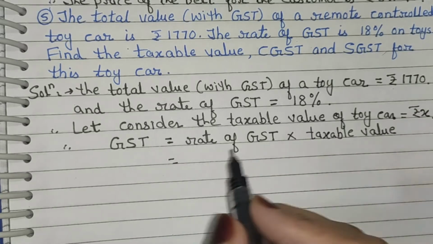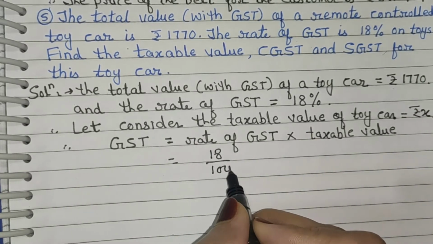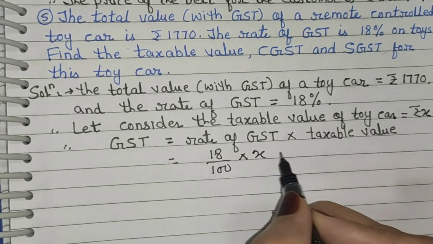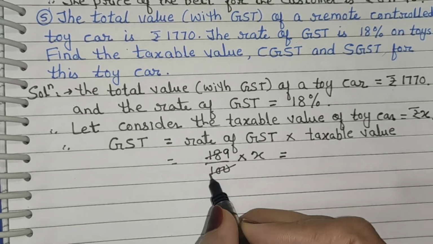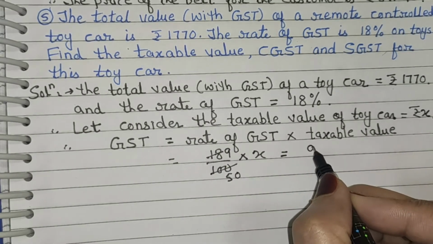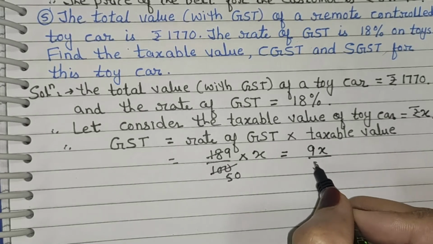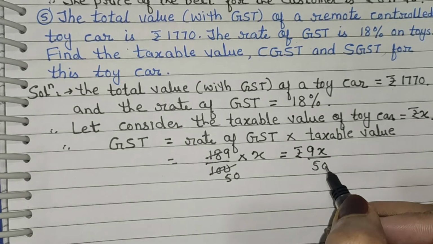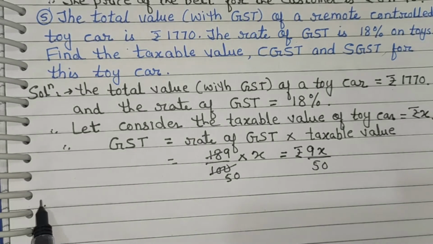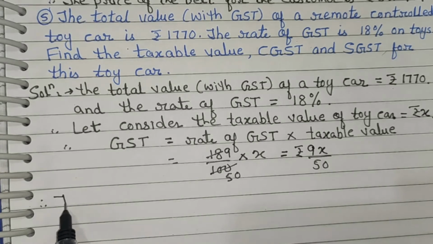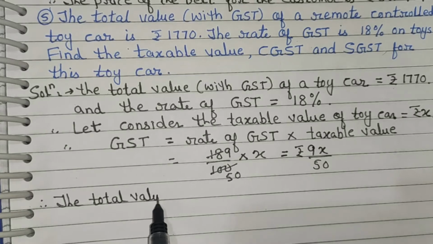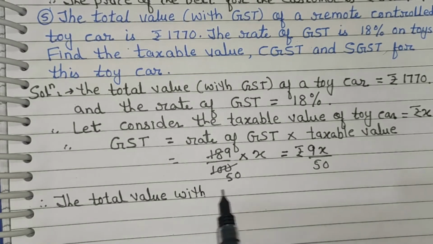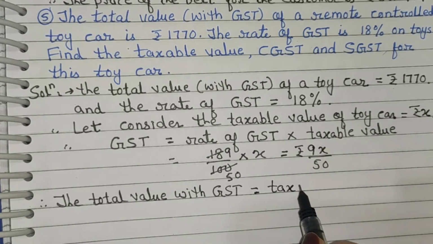Therefore rate of GST is 18%, 18 upon 100 into, now the taxable value is X. Cancel it. 2 9s are 18, 2 5s are 10. We get here 9x upon 50. It is the value of GST. Therefore, the total value with GST is equal to taxable value plus GST.